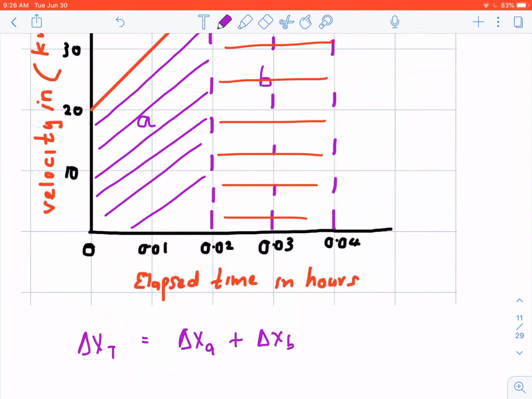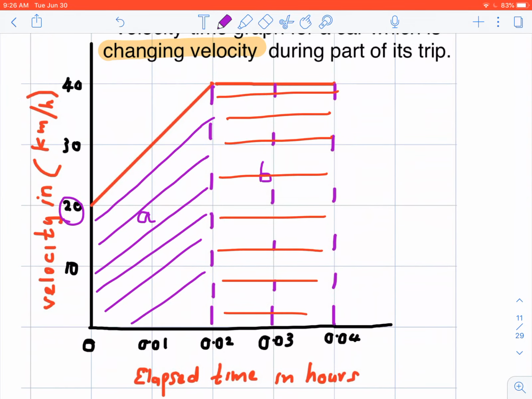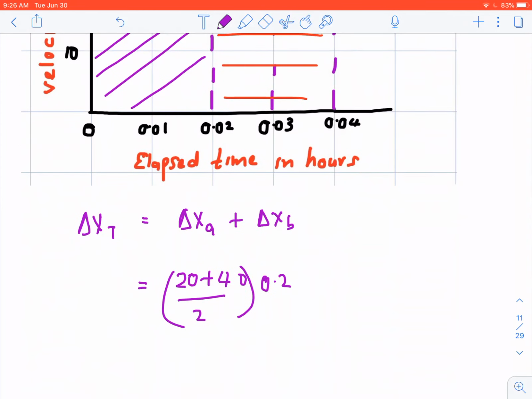We say that's 20 and that's 40, so we know it is half the sum of the parallel sides, which is 20 plus 40 upon 2. And what's the change in time? The change in time is 0.2, which then we know this is in seconds, and we know that this is in meters.